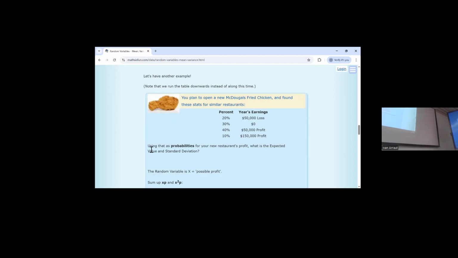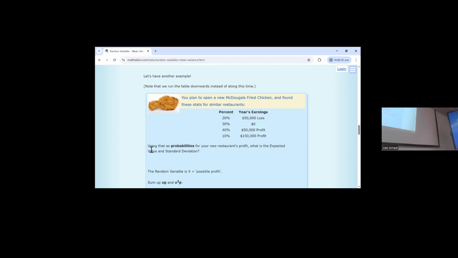This is another example. You plan to open a new restaurant and found these statistics: 20% earning per year, 30%, 40%. Using the probabilities for your new restaurant profit, what is the expected value and standard deviation?